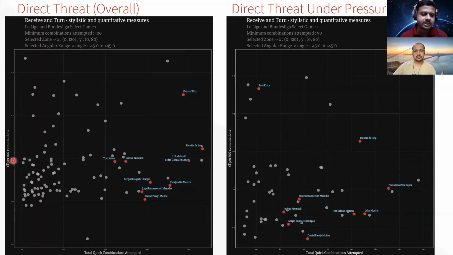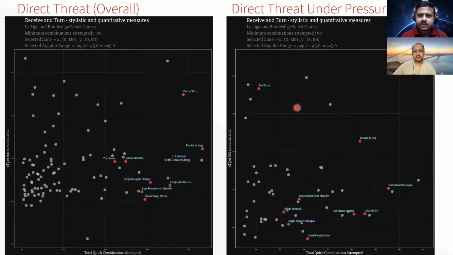So we have normalized the value per 100 combinations. And once again, we see all of the highlighted names doing pretty well. More offensive-minded players like Florian Wirtz will obviously show up much higher up the graph. But we have all of the other players doing pretty well despite attempting such high volume combinations.